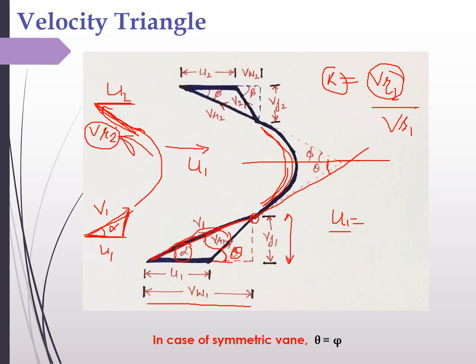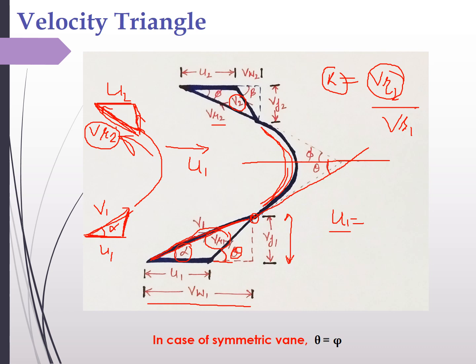In order to complete this triangle, we'll draw a line that will denote V2, called the absolute velocity component of the Francis turbine at the outlet. Now u2 is with us, Vr2 is with us, V2 is with us, so this is complete.